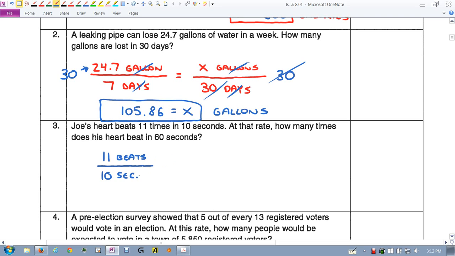That must be proportional to however many beats he has in 60 seconds. And since all the units are the same, I don't have to worry too much. What will I do to solve for the x? Multiply both sides by 60. So how many beats is that? 66. Beats.